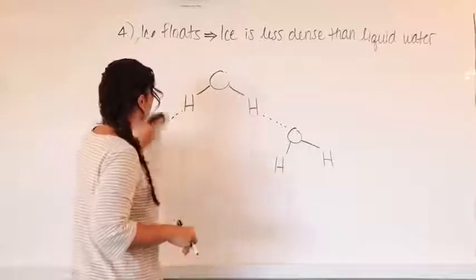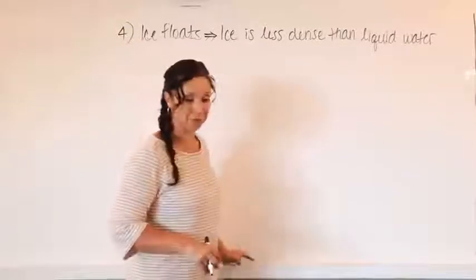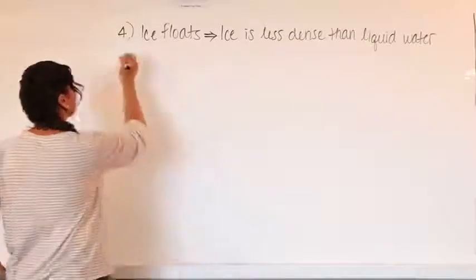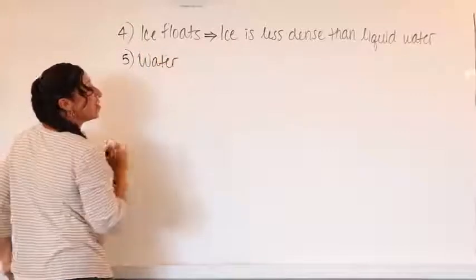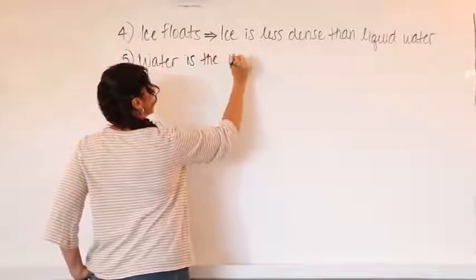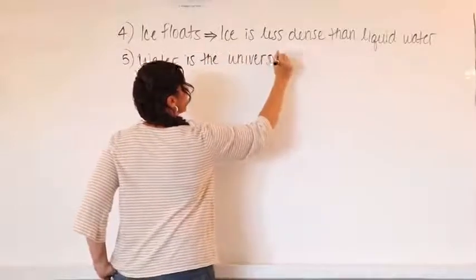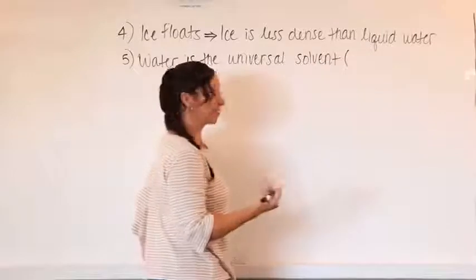All right, one more property of water, and we'll be done with the properties of water. The last one is that water is the universal solvent. What a solvent is, it's a dissolving agent.